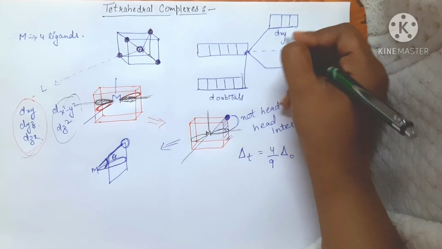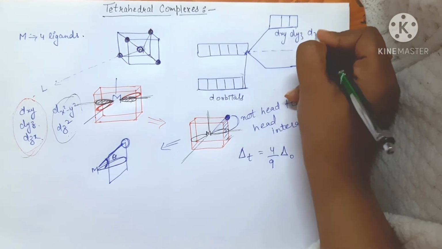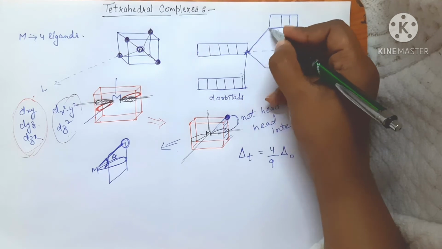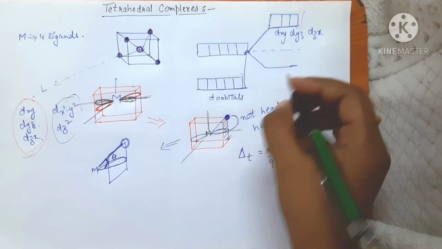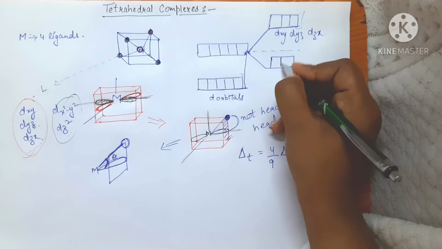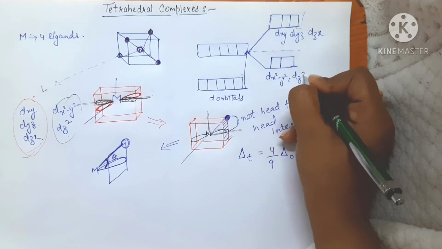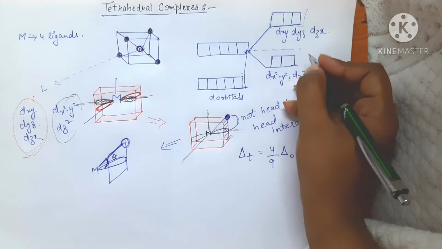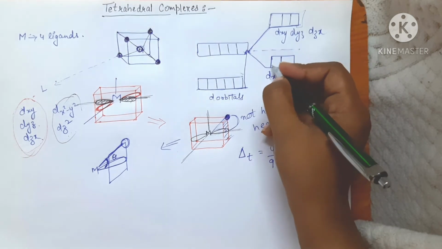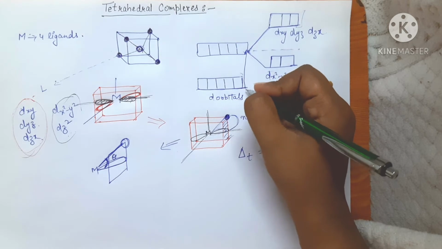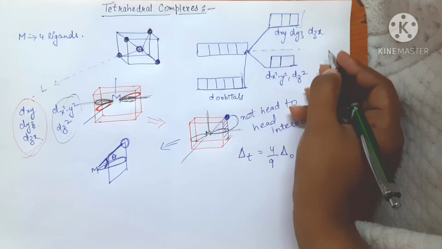So dxy, dyz and dzx are going to higher energy, and the axial orbitals dx square minus y square and dz square are going to get slightly de-excited, but not as much stabilized as the initial d orbital before the ligand was approaching, right?